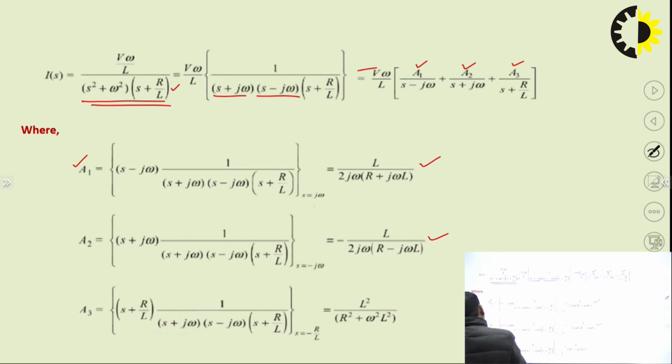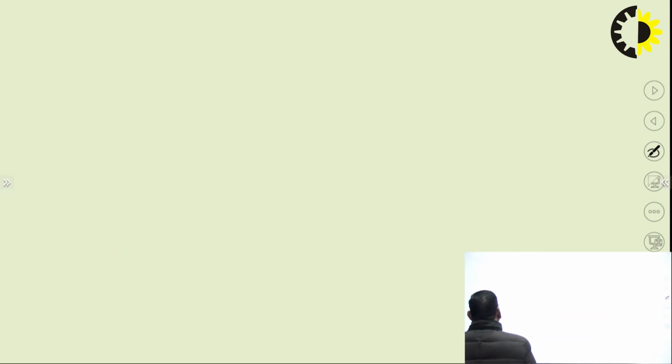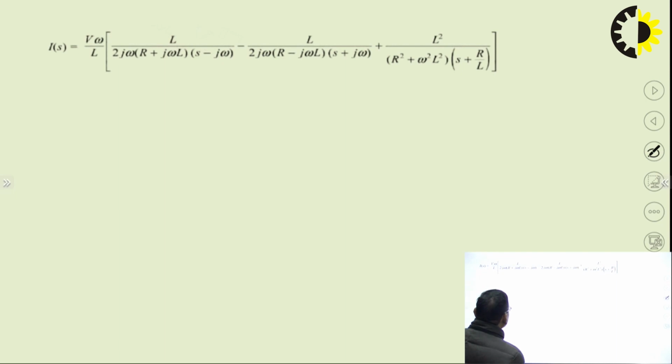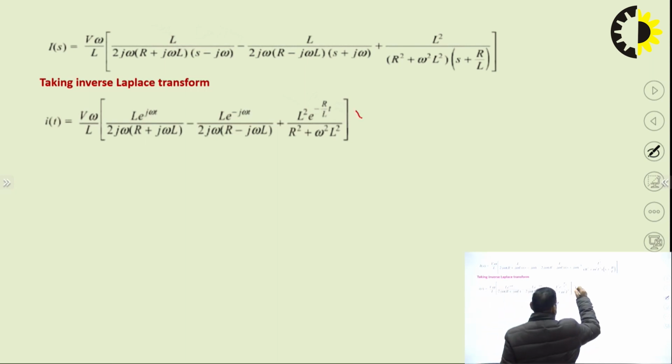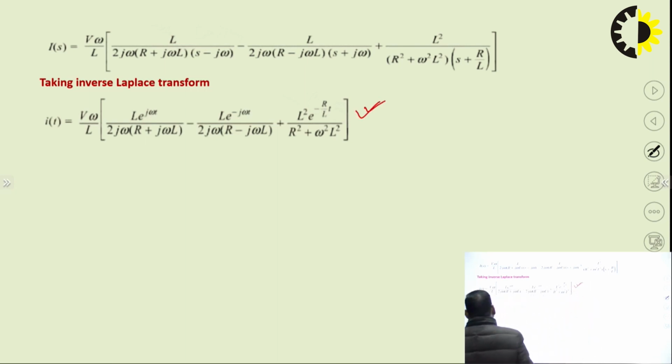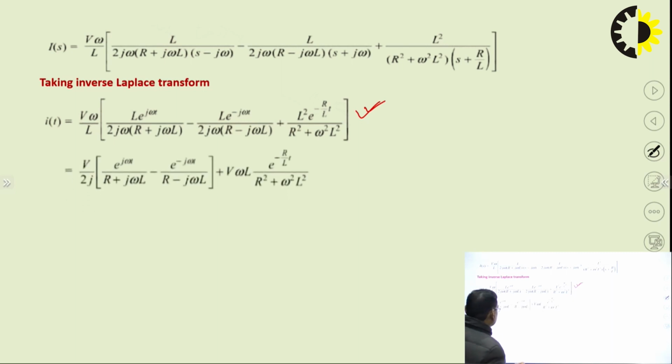So using the Heaviside expansion theorem, we can find A1, A2 and A3, the coefficients in the above equations. Now put these coefficients in the equation, we get this one. Now taking the inverse Laplace transform, we are getting this expression. So this is the expression for i(t) in the time domain.